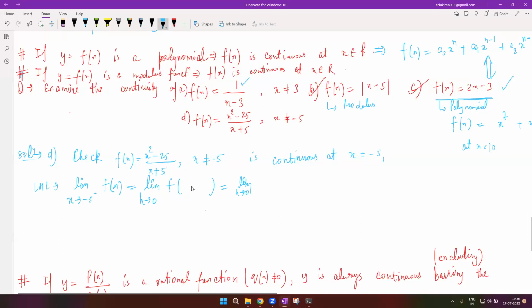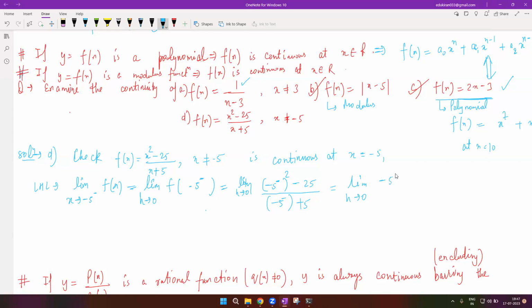So this is nothing but -5 negative. So this becomes (-5 negative) whole square minus 25, divided by (-5 negative) plus 5, which can be further solved like limit h tends to 0.